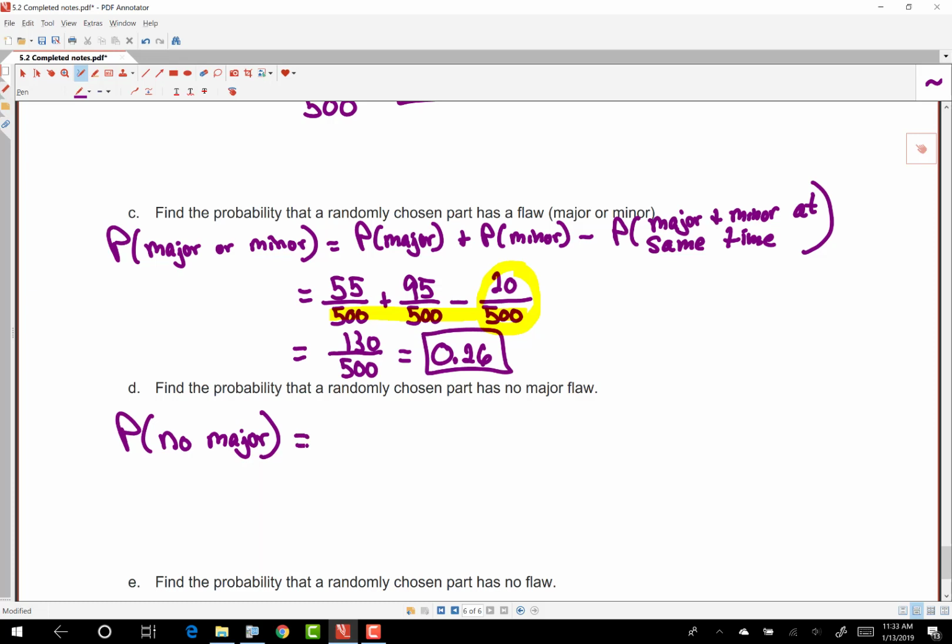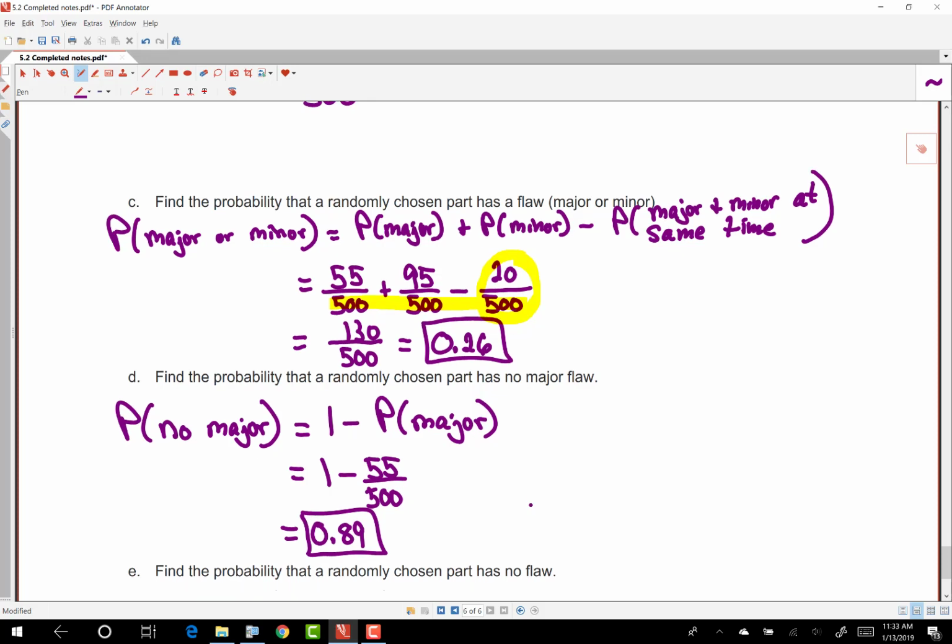But I think it's probably easier, since this is a complement, the opposite of having a major, to just use the rule of complements. So it would be 1 minus the probability of major. The probability of a major flaw was 55 out of 500. If you do that arithmetic, you're going to get 0.89. And so that's the probability that it does not have a major flaw.